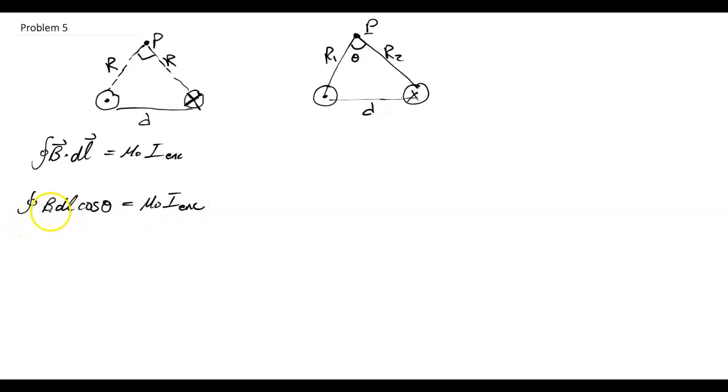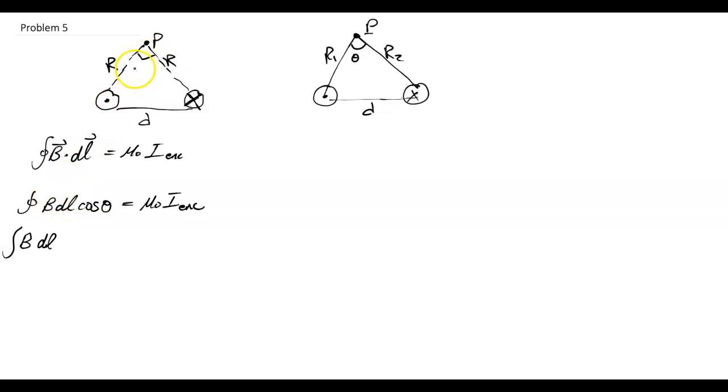And we've done this before, where since the magnetic field is not set, we're trying to find it, but we're not told anything about it not being uniform. We can say that this is B times dl cosine of theta.